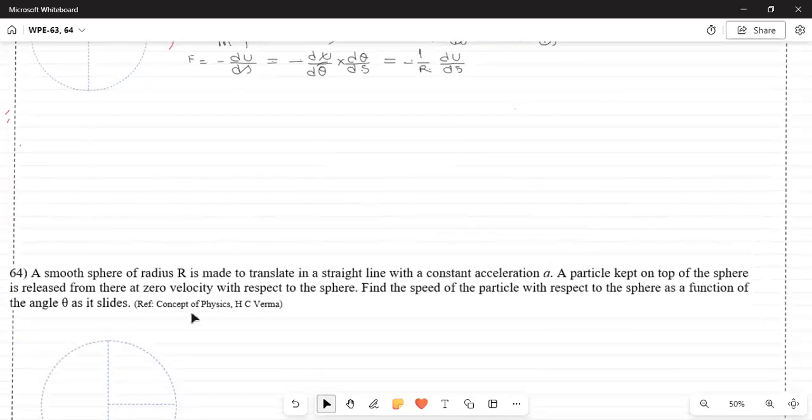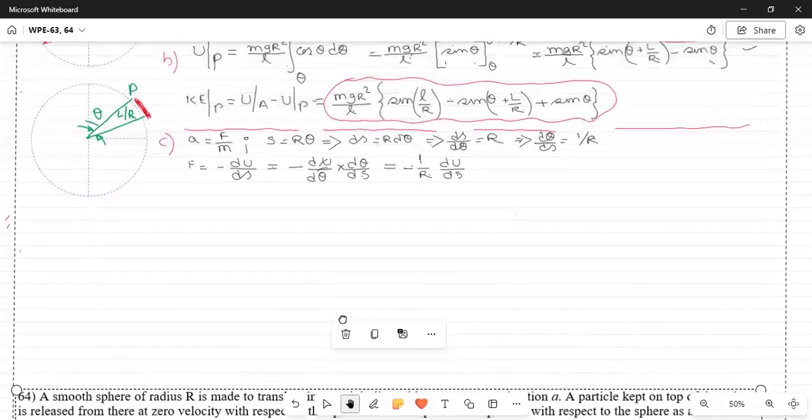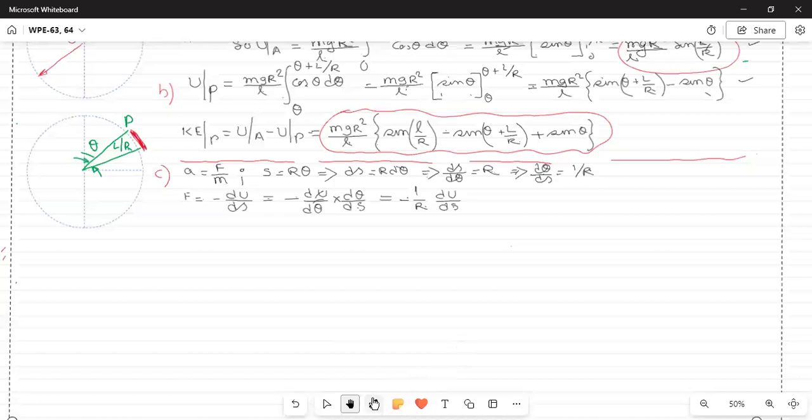Yeah, now we have enough space. Here we have found the potential energy at P. Look very carefully.